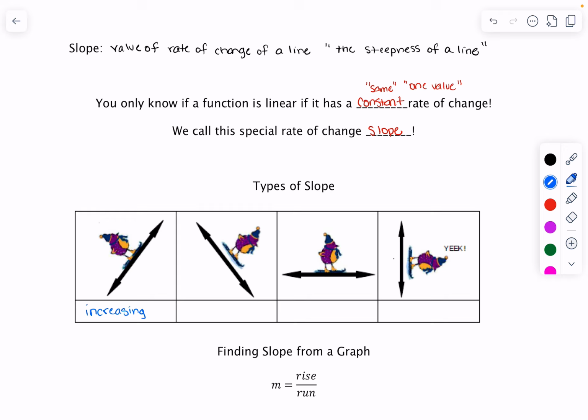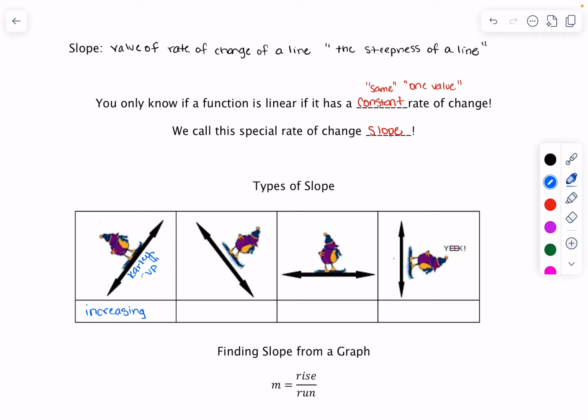Okay, another way you can think about this that might help, and this helps a lot of students, is if you draw your name from left to right along the bottom of the line or the top of the line, is your name going up or down? In this case, my name is going up, and when I think up, I think increasing. Okay.